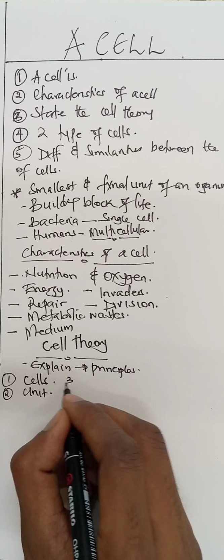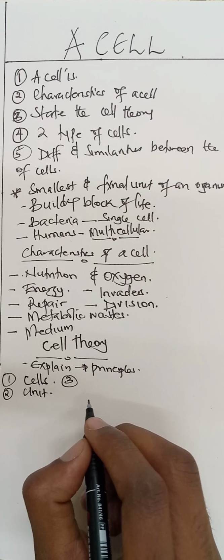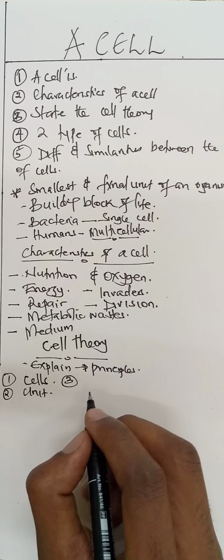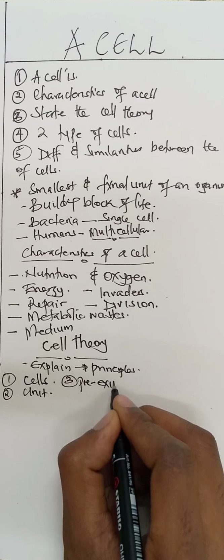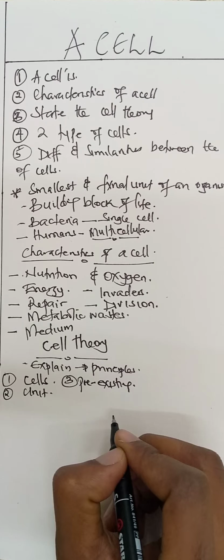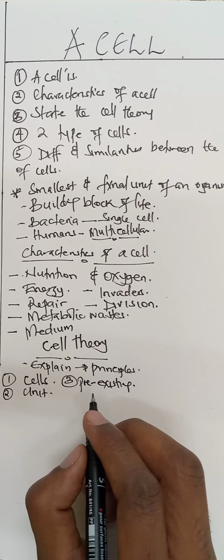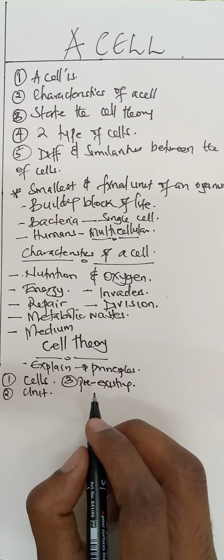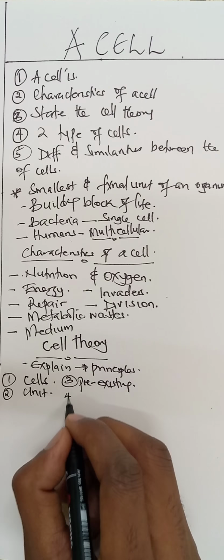Number 3, according to these 2 gentlemen, all cells came from pre-existing cells. In other words, spontaneous generation does not occur. So all cells came from pre-existing cells by division.